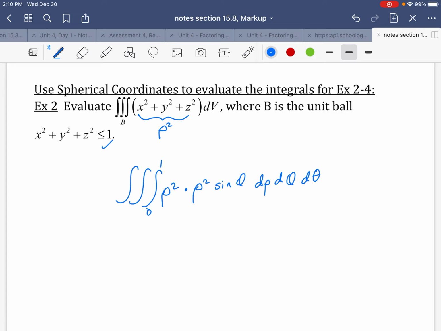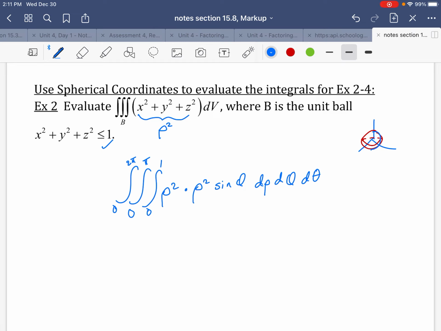If I want to do the whole ball, I have to consider that I want to go the whole way, all the way from the top to the bottom of that thing. So my phi is going to be 0 to pi, and I want to go all the way around. So that's 0 to 2 pi.